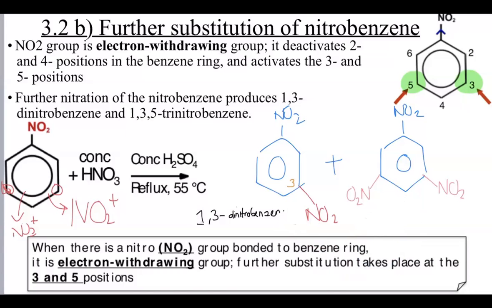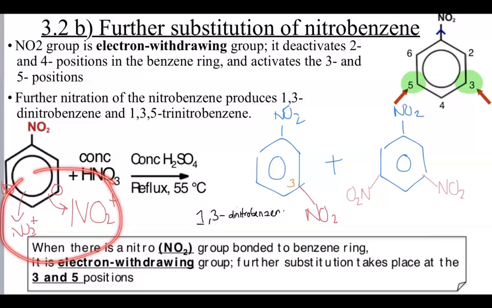Naming is already given in your notes. 1,3-dinitro and 1,3,5-trinitro. When you draw the mechanism here, please make sure you draw the arrow and cut through the bond where you want to put your nitro group.